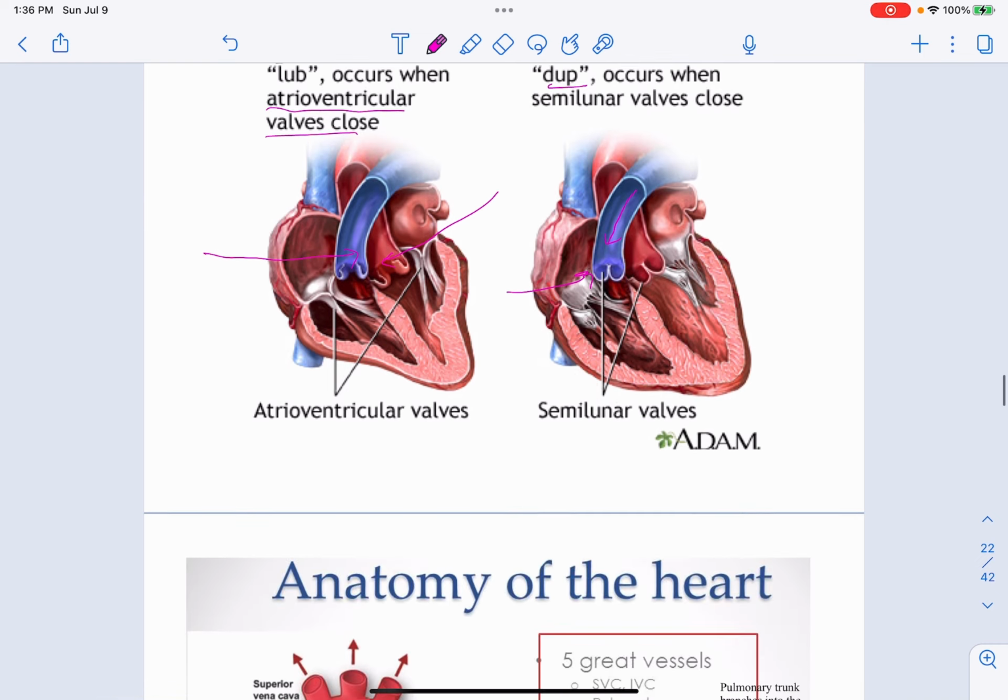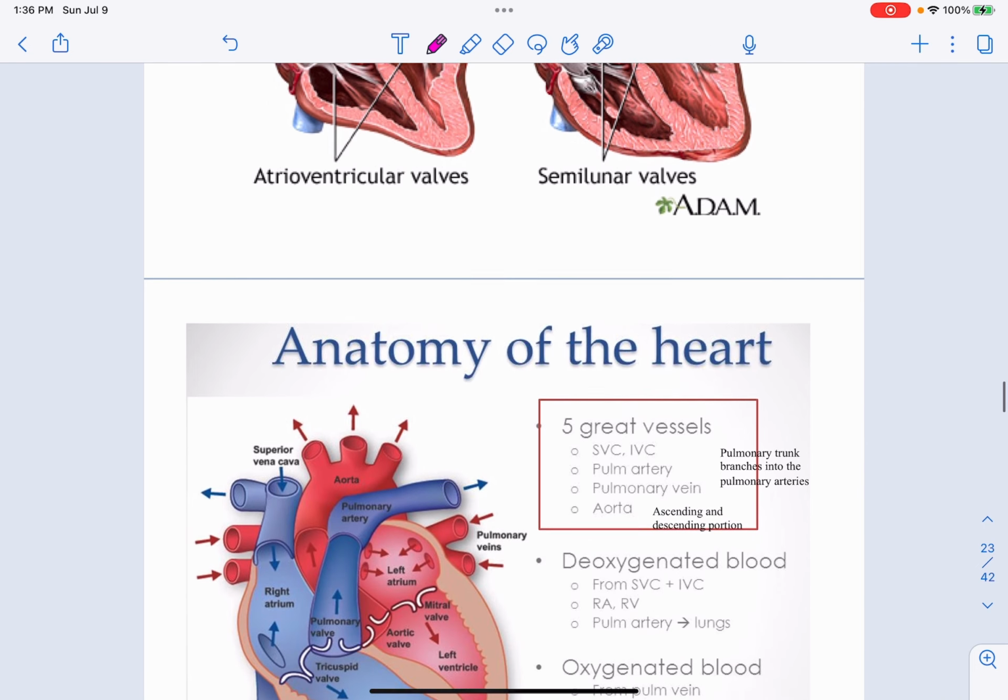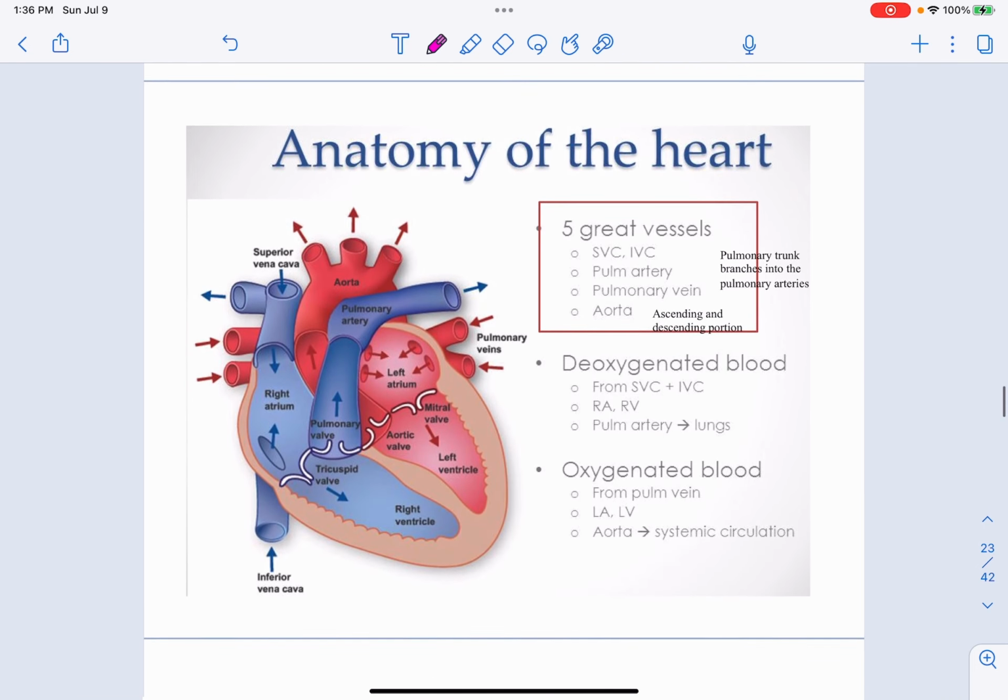All right, now that we've talked about the internal anatomy of the heart and the valves, we can go into a little bit more detail about the greater vessels of the heart. We will continue to talk about these greater vessels as we move into the next lecture, which has to do with circulation, where we're going to follow blood from the heart to all the different regions of the body.